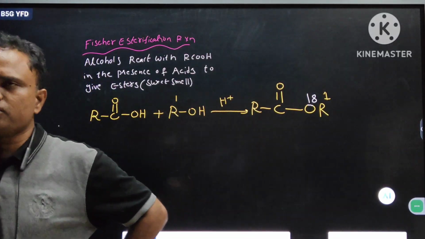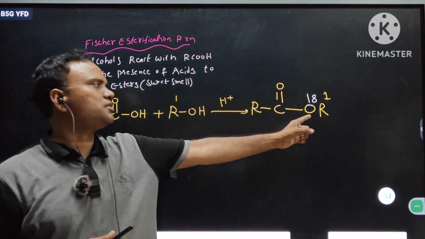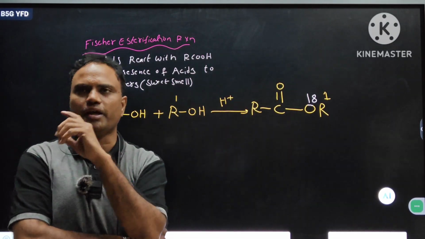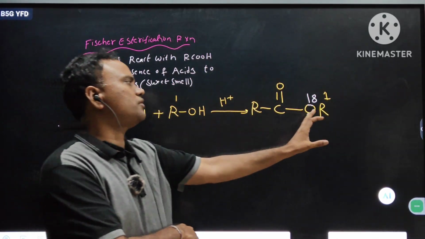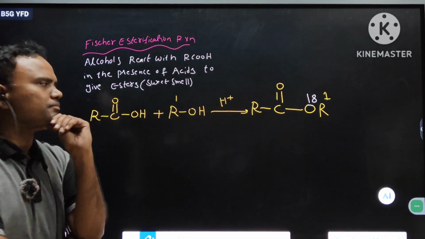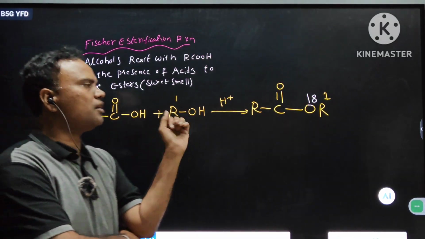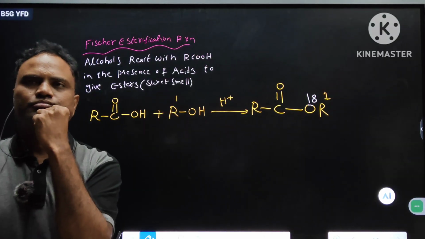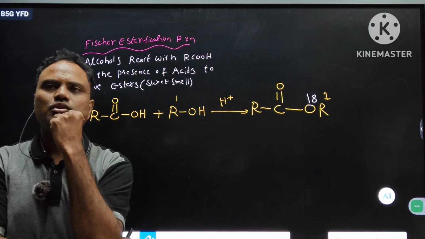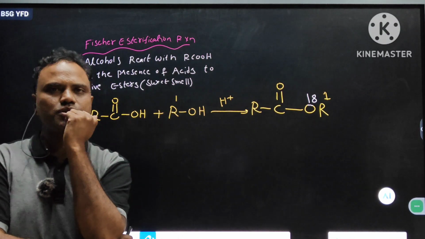Similarly, oxygen O16, O18. I am labeling this oxygen as O18. Now my question is, will the labeled oxygen come from carboxylic acid or alcohol?